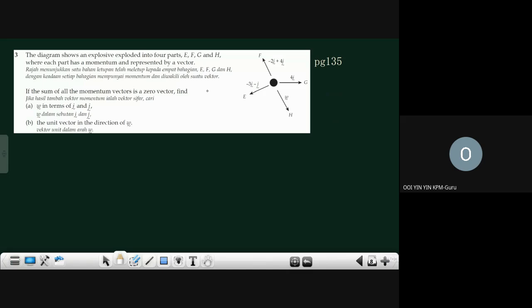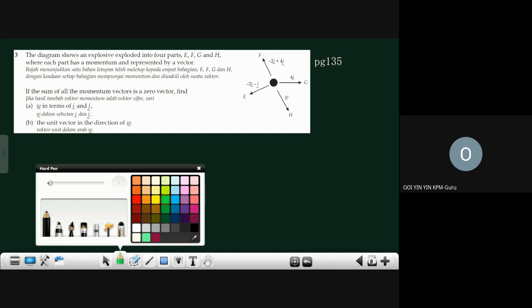The diagram shows an explosive exploded in 4 parts, E, F, G, H. Then you can see the arrows there, all directions, right? It is distributed in 4 different directions. Momentum, all these things I don't want to explain, you know better than me because you're learning physics.